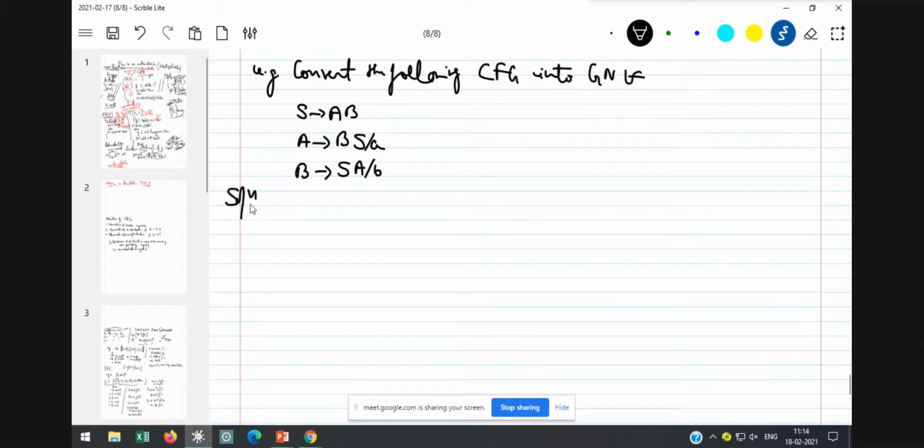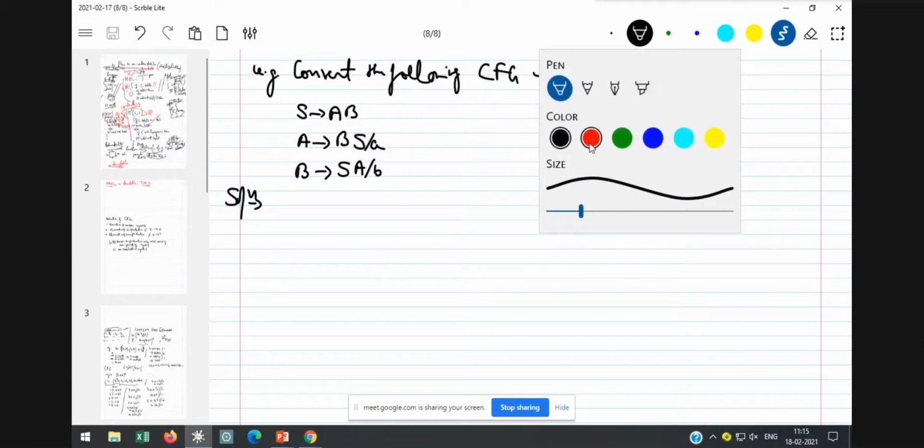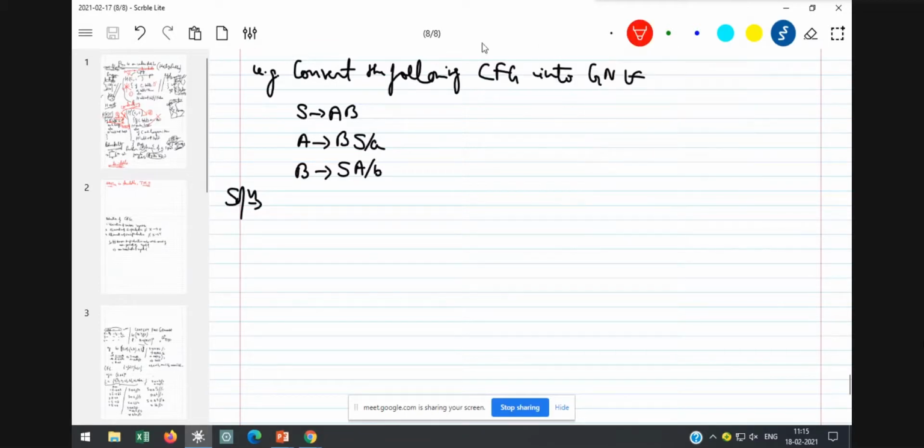Now let me start the conversion from the given grammar to GNF form. In order to convert this into GNF form, what kind of format needs to be followed? GNF format, let me just recall it again here. When can we call a grammar is in GNF form?